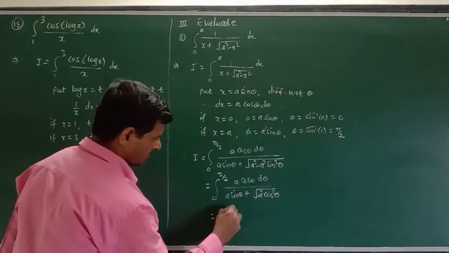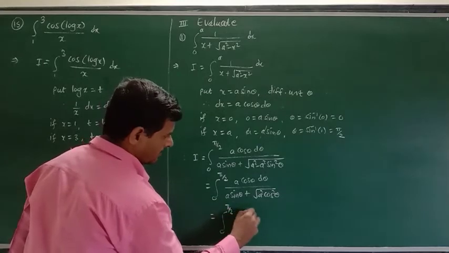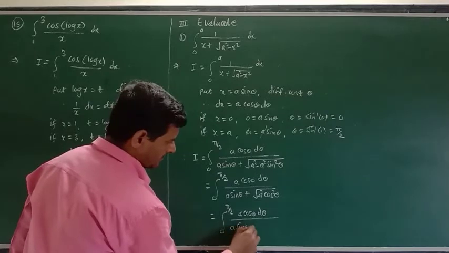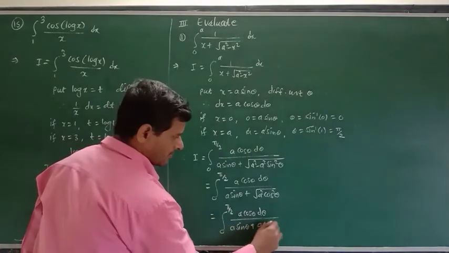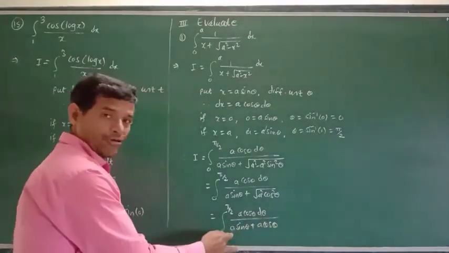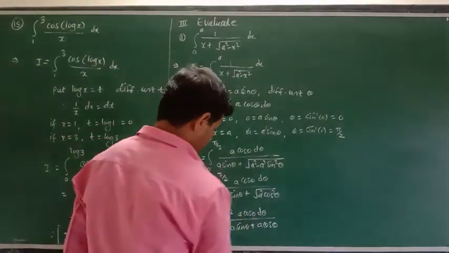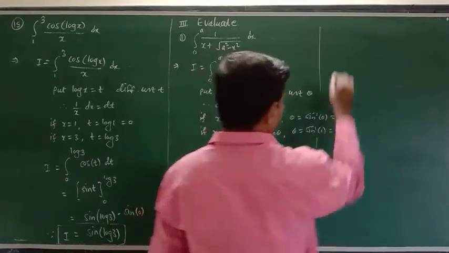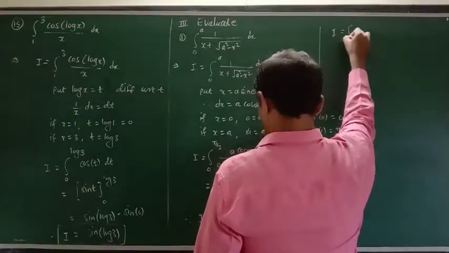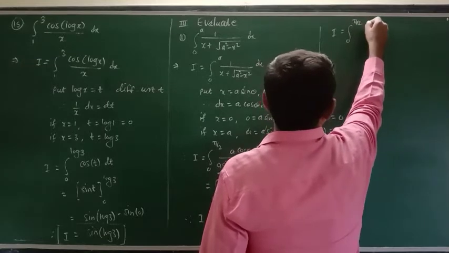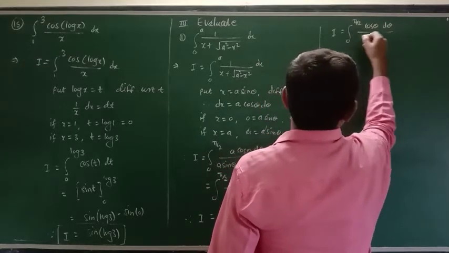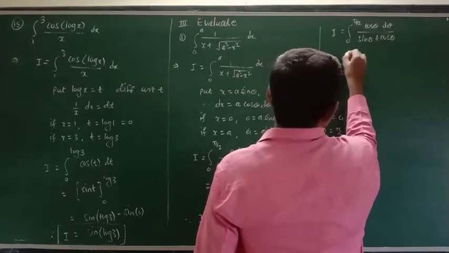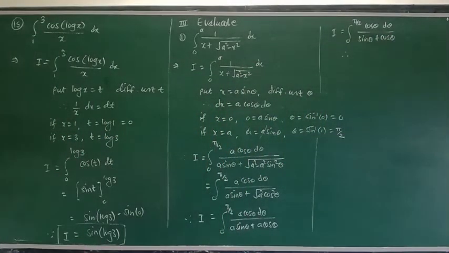For this, from 0 to pi by 2 of a cos theta d theta upon a sin theta plus a cos theta. Now take a common and cancel a from the numerator. So the integral is I equal to from 0 to pi by 2 of cos theta d theta upon sin theta plus cos theta.